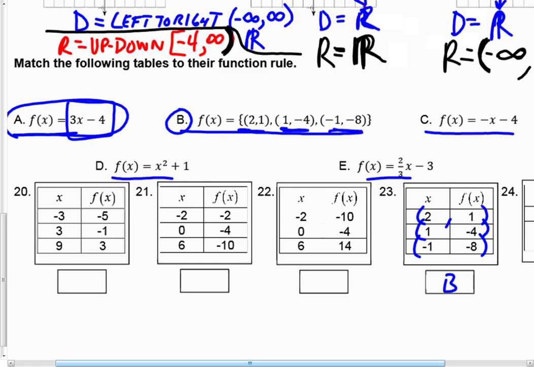All right. 3x minus 4. X. You don't need the multiplication. Always there. And then minus 4. Just stay there for a second. You got 3x minus 4. All right.